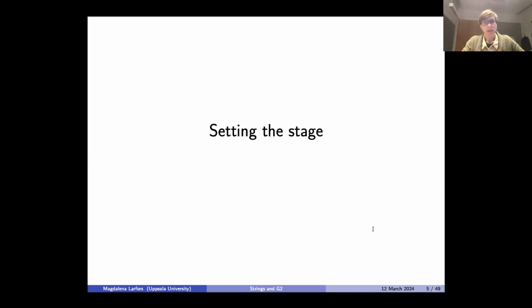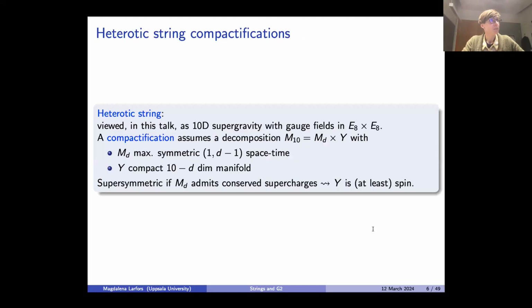Okay, so let me set the stage for the story that I want to tell you. I will start with the heterotic string, and I will view it in this talk as a 10-dimensional supergravity with gauge fields. And the gauge fields take values in E8 times E8. There are two versions of the heterotic string, and this is one of them.